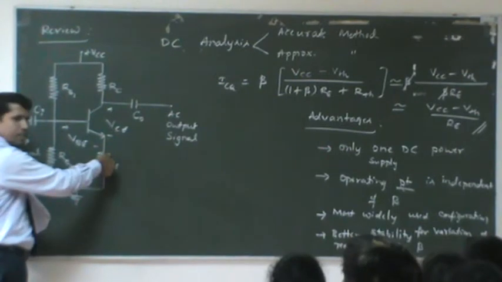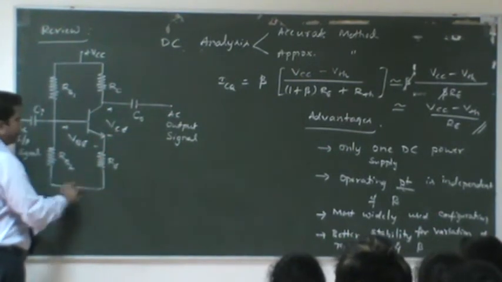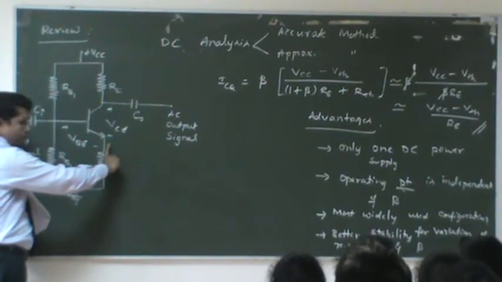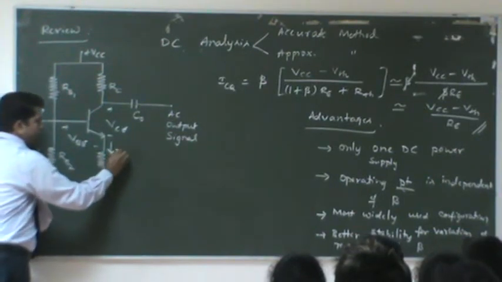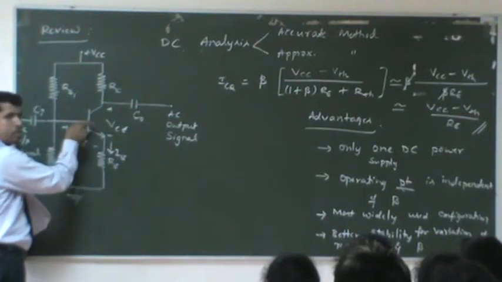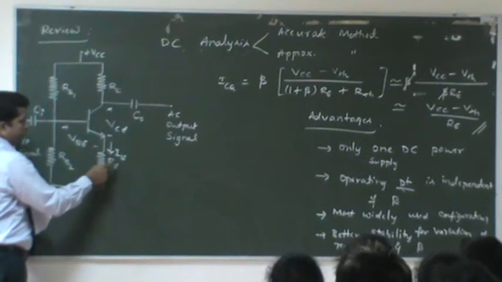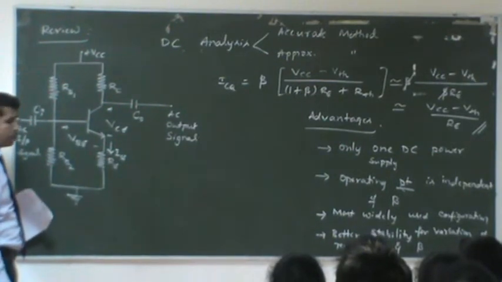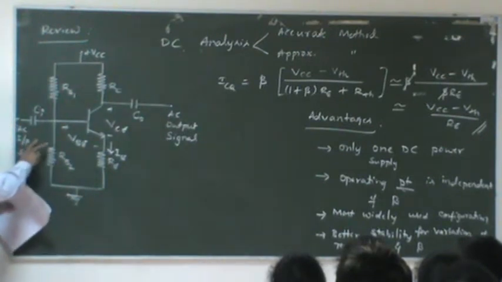Because of the emitter resistor, this circuit introduces negative feedback. That means whatever current flows here is the emitter current, and proportional to that, the input voltage is applied in opposition to this. That's why both current and voltage negative feedback are provided. But that itself is a drawback.